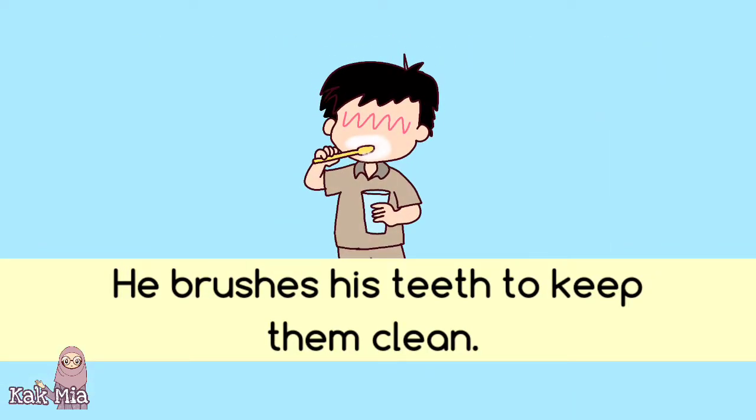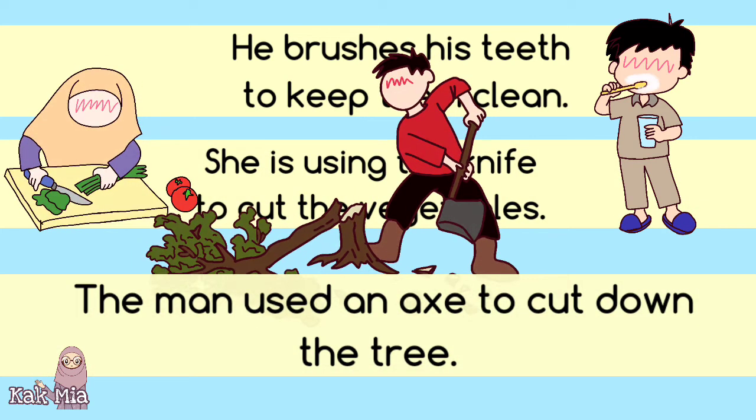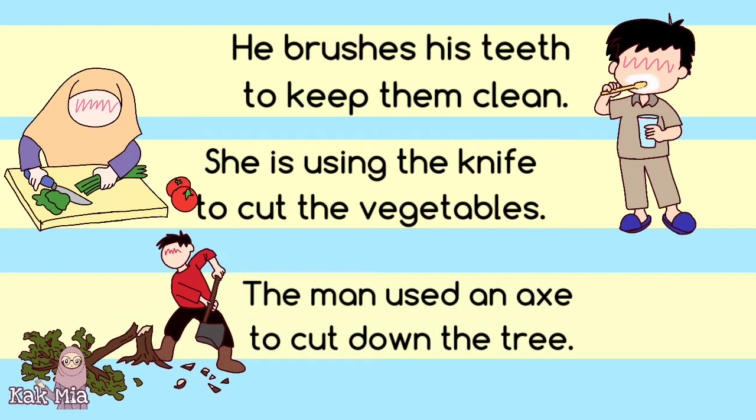Now read these sentences. He brushes his teeth to keep them clean. She's using the knife to cut the vegetables. The man used an axe to cut down the tree. Well, can you identify the infinitives in these sentences? Yeah, you are right.